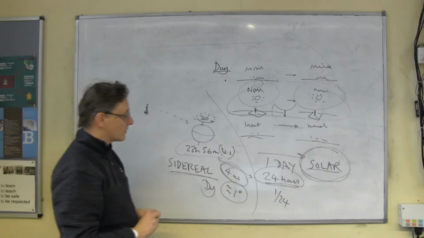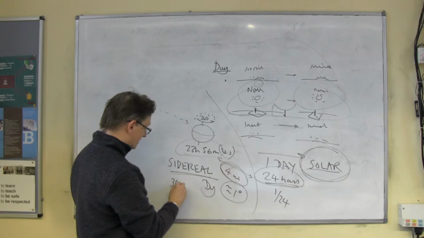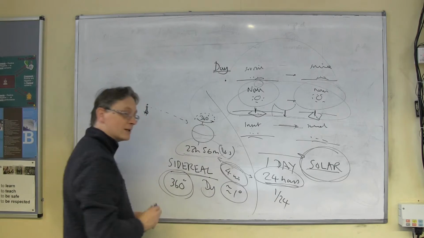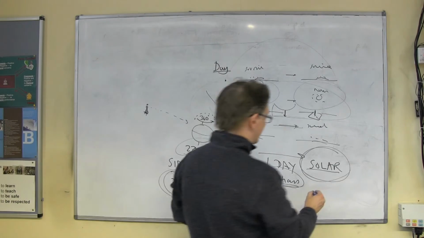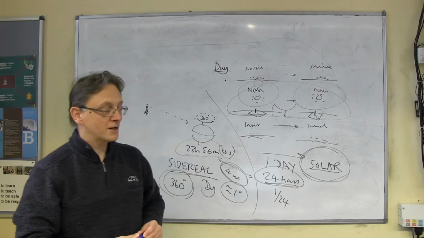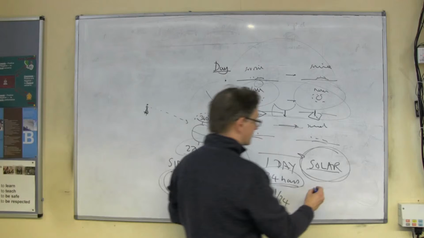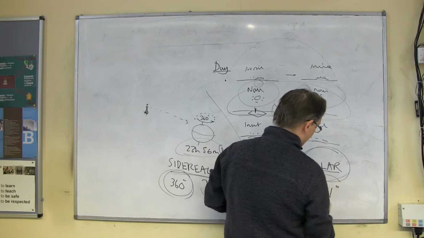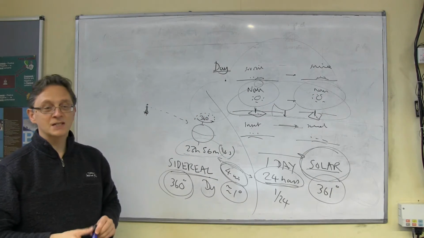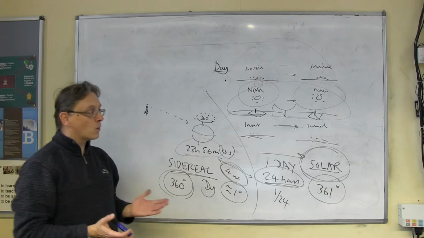A nice way of thinking about it, the sidereal day is 360 degrees. But the synodic day, how many degrees does the Earth turn in a solar day? It's 361, isn't it? In a solar day, the Earth turns 361 degrees. Why 1?